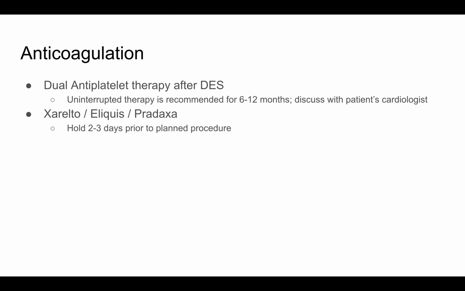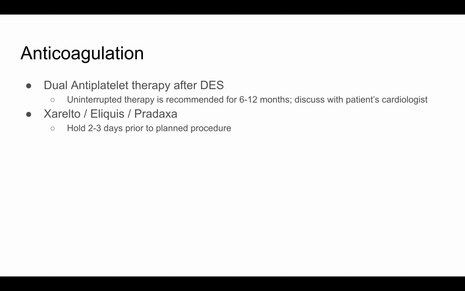So anticoagulation in patients, I think this is another one that we see commonly pre-op, kind of what to do. So things to be aware of: dual antiplatelet therapy after drug-eluting stent placement. This is aspirin and Plavix most of the time. Uninterrupted therapy is recommended for anywhere between 6 to 12 months.